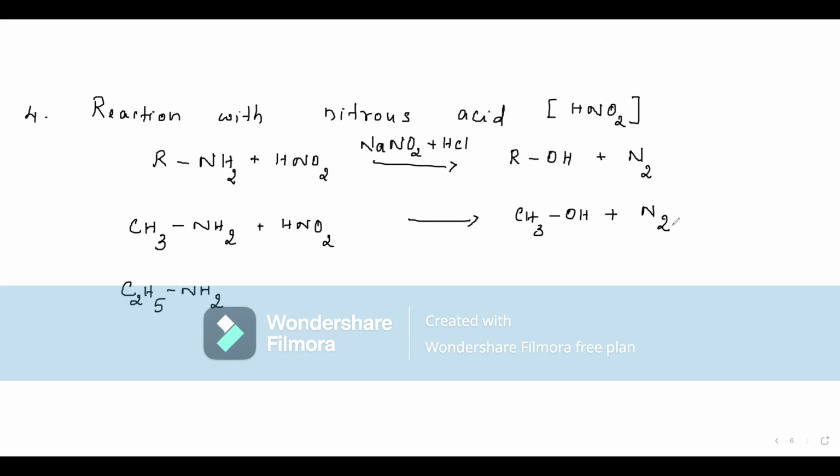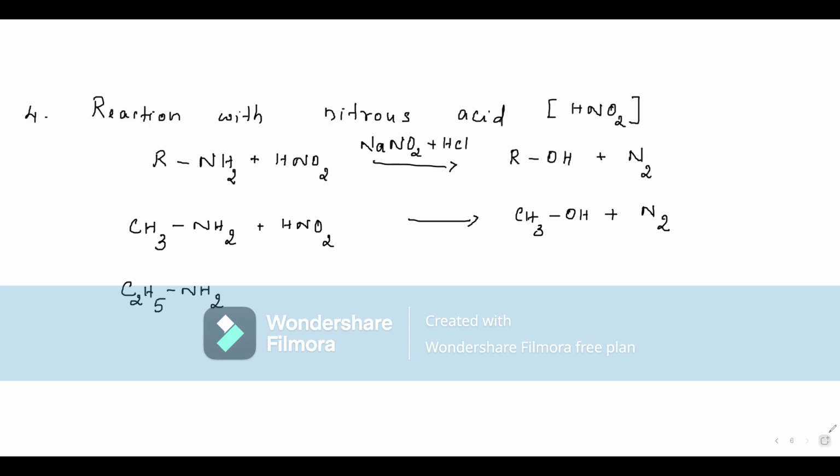That is how the reaction takes place, alcohol and nitrogen. So this is an exclusive reaction of primary aliphatic amine with nitrous acid.